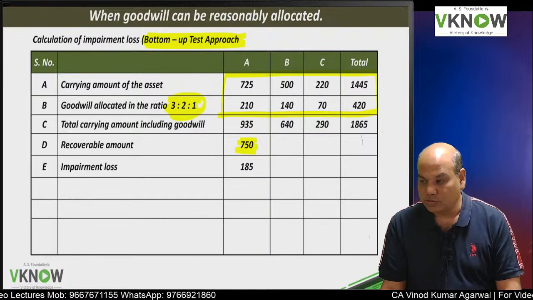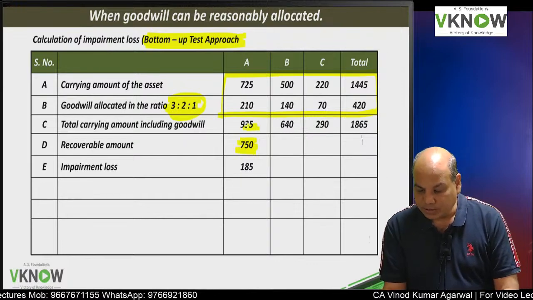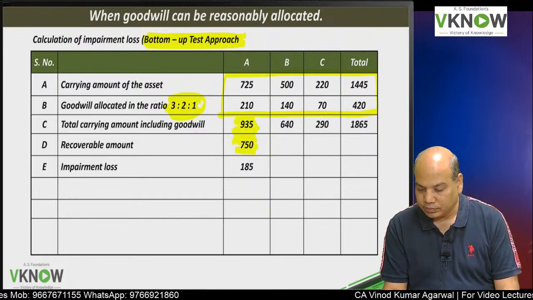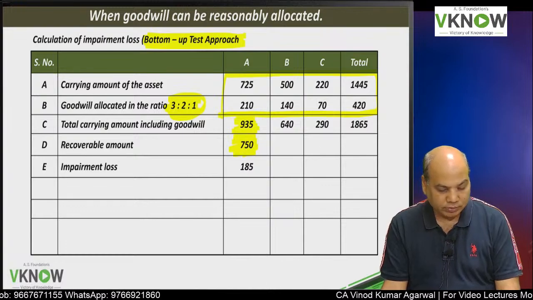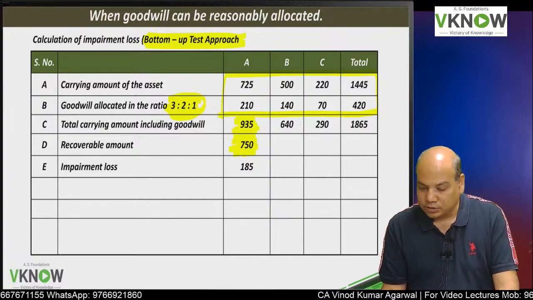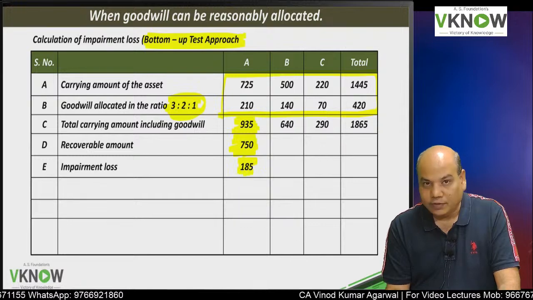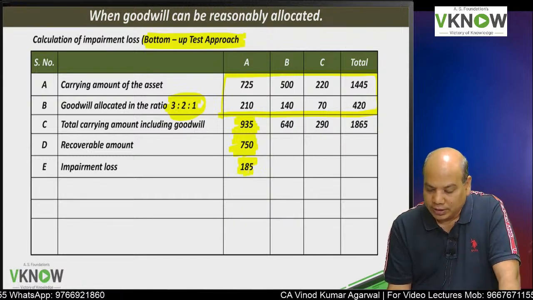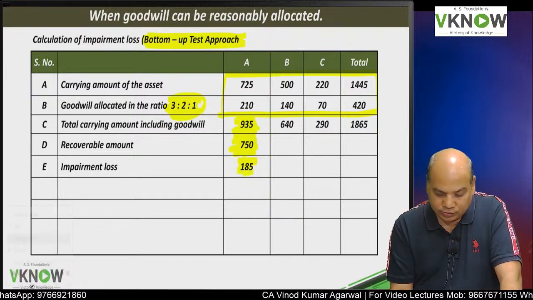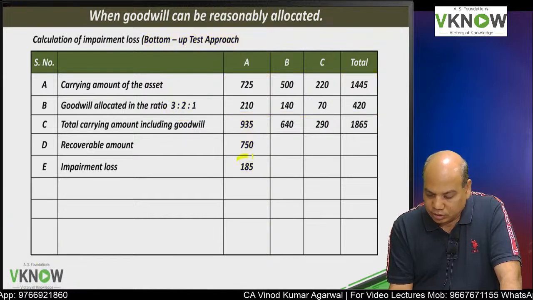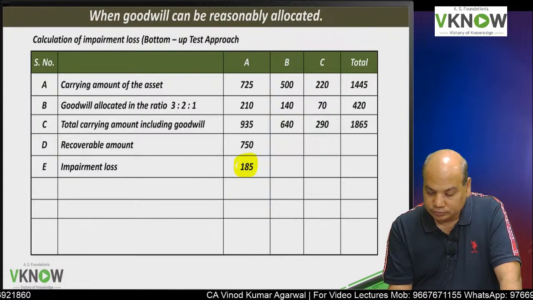Then impairment loss. Compare 935 with 750, and you get 185 impairment loss. So now there is a question, how this impairment loss will be allocated.